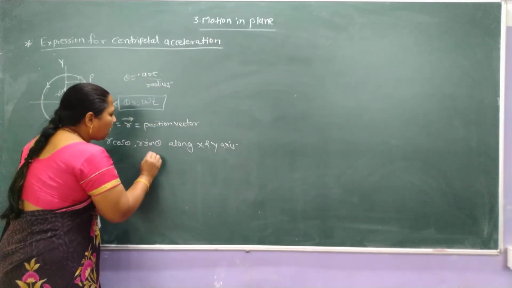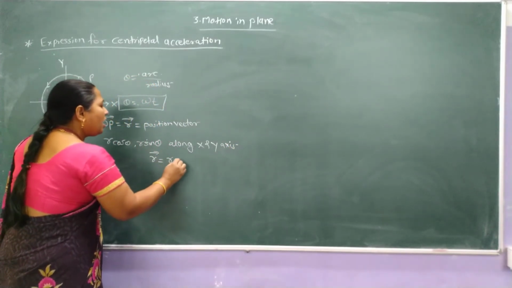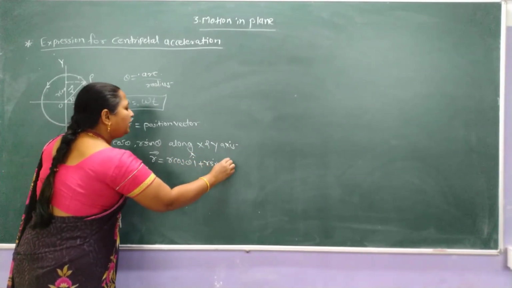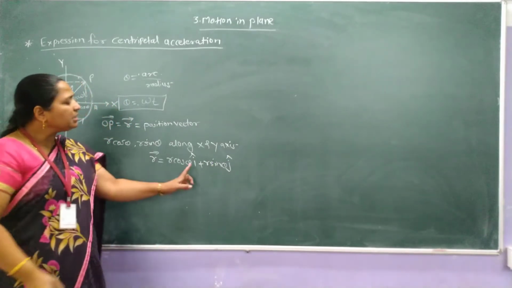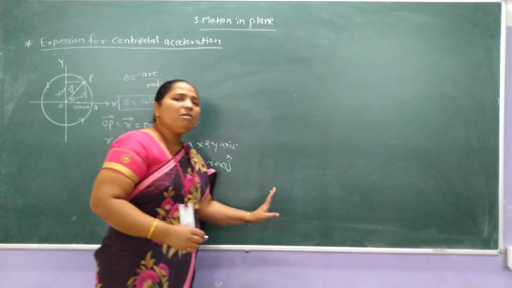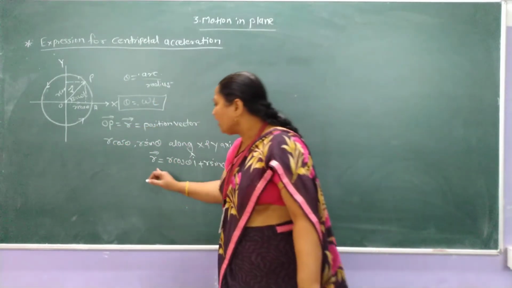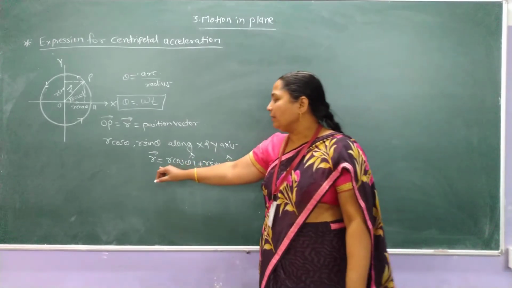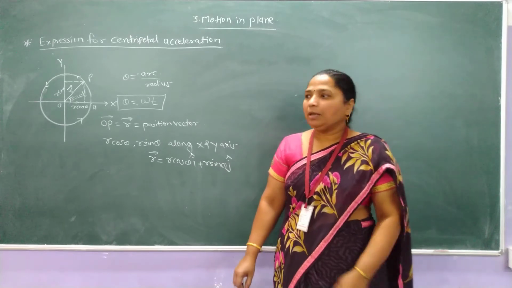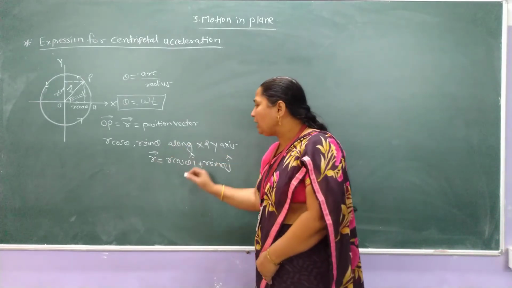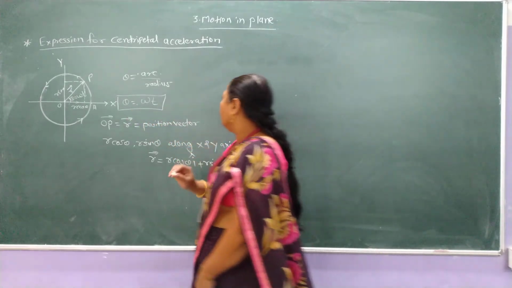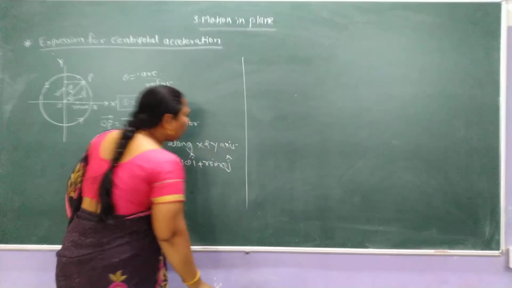Therefore the position vector r vector is equal to r cos theta i vector plus r sin theta j vector, where i vector is the unit vector along the x-axis and j vector is the unit vector along the y-axis. Now substitute theta is equal to omega t.